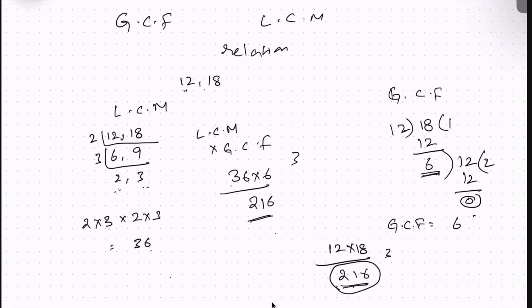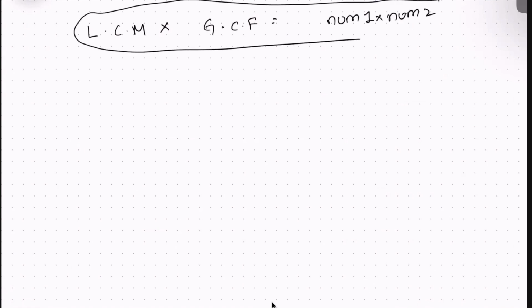That is the relationship between the LCM and GCF. So if I write it down, LCM times GCF is equal to number 1 times number 2. This is the interesting relation between LCM and GCF.